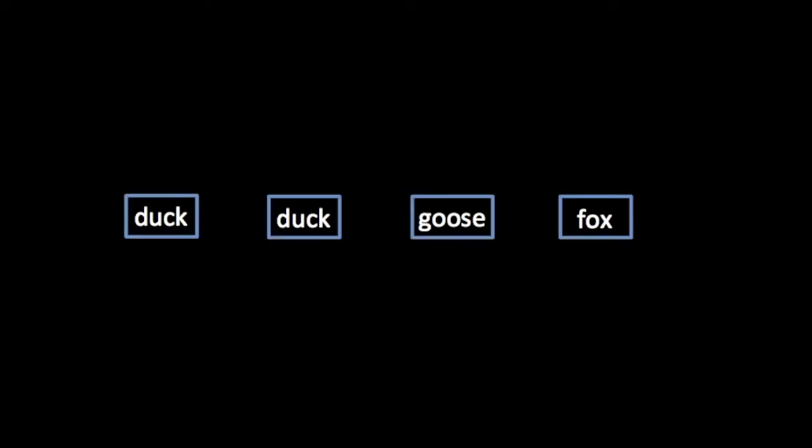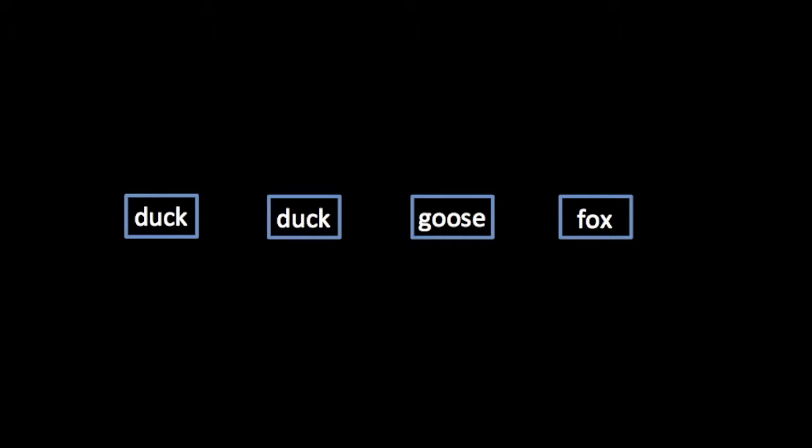If I have some animals, say 2 ducks, a goose, and a fox, I can represent them as data type string. Moreover, I could create for each animal an object with a single data field of type string that would contain the label for the animal.